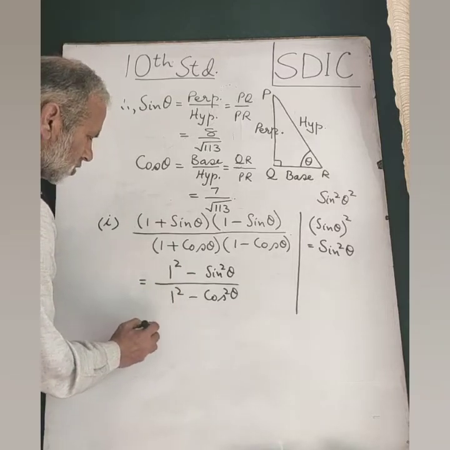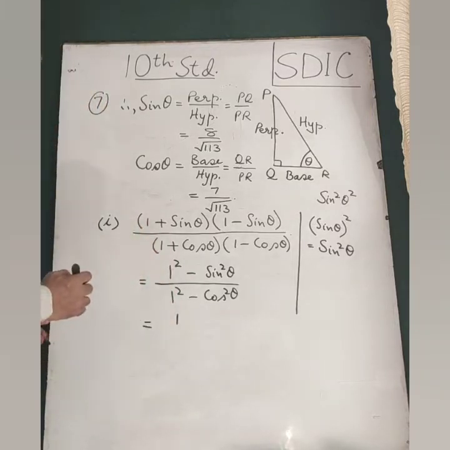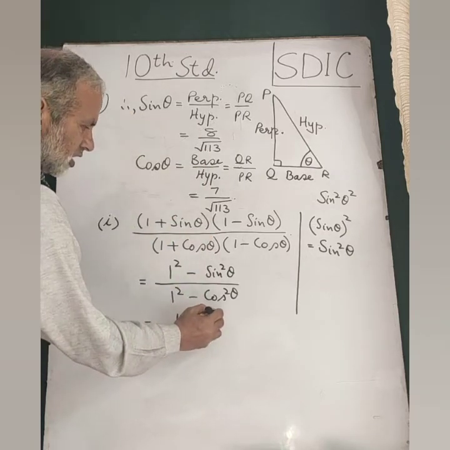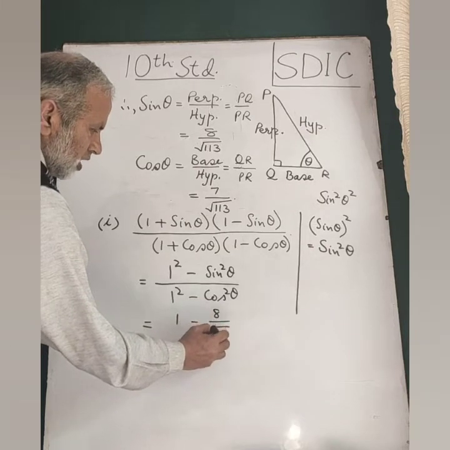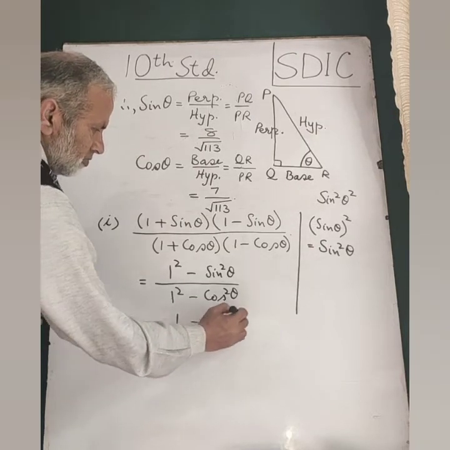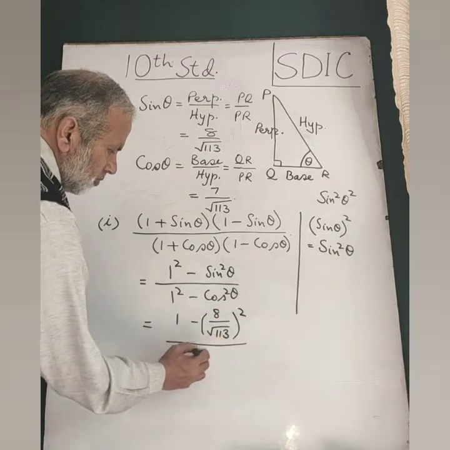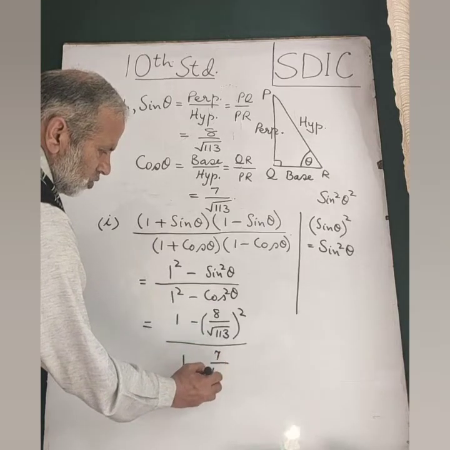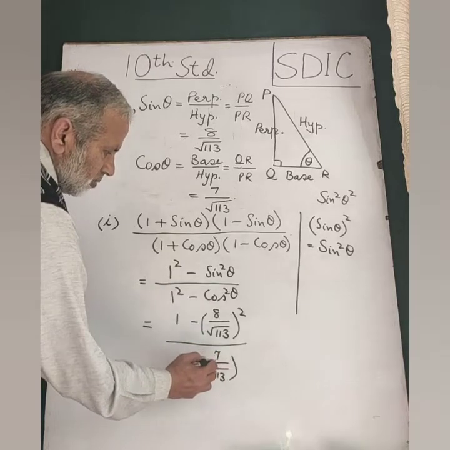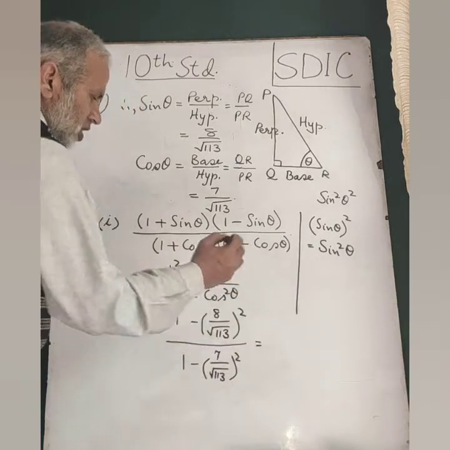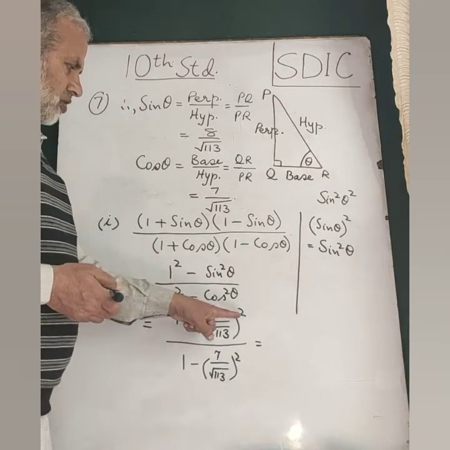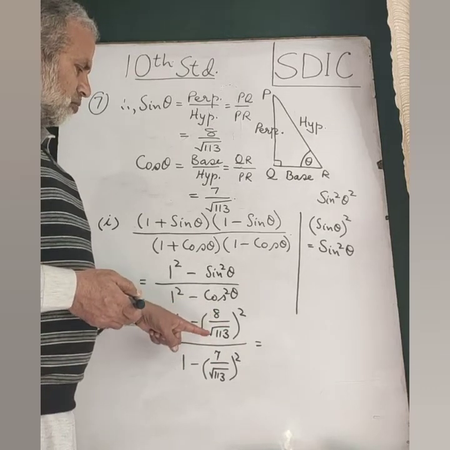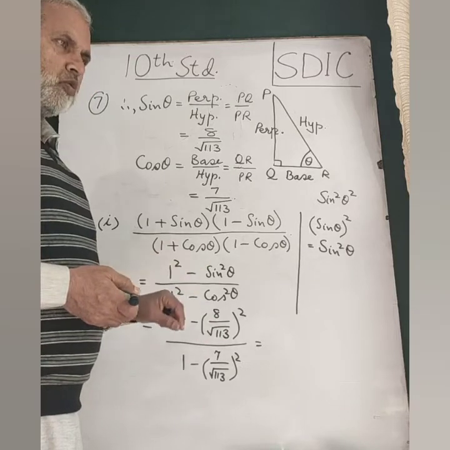Putting now their values, 1 square will remain as 1 minus the value of sine theta we have already found. It is 8 divided by square root of 113, and now the square of this, whole divided by 1 minus cos square theta, will be 7 by square root of 113, square of this. Simplifying further, you will perform the square: multiply 8 by 8, multiply square root 113 by square root 113.